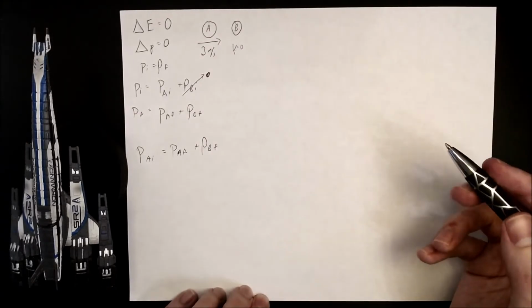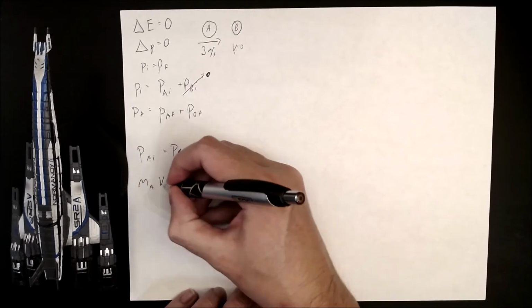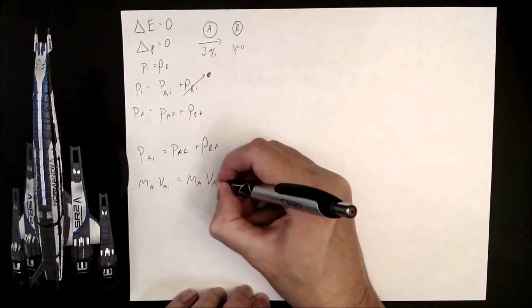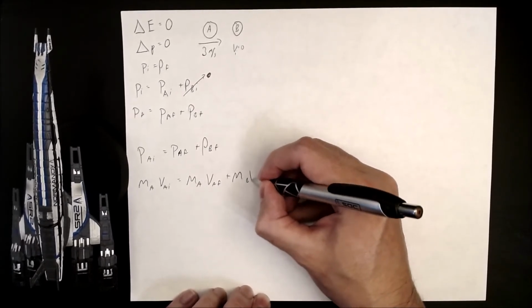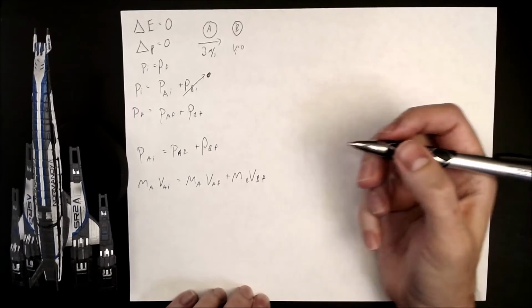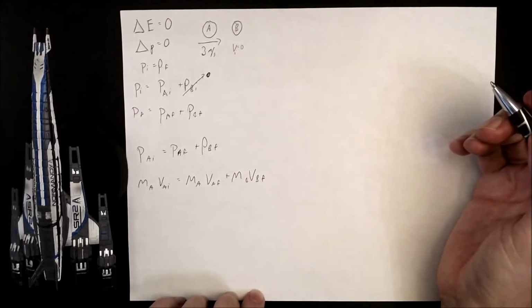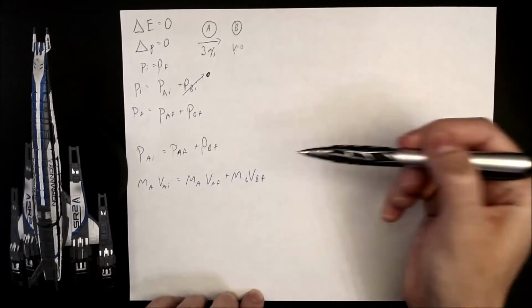Now we can replace those with mv. Mass of A times velocity A initial is equal to mass A times velocity A final plus mass B times velocity B final. It does say in the problem, two billiard balls of equal mass strike each other. Therefore, MA is equal to MB.